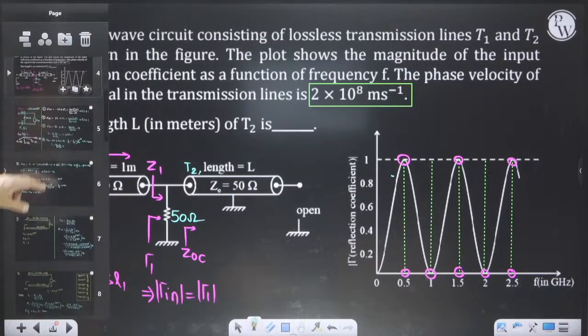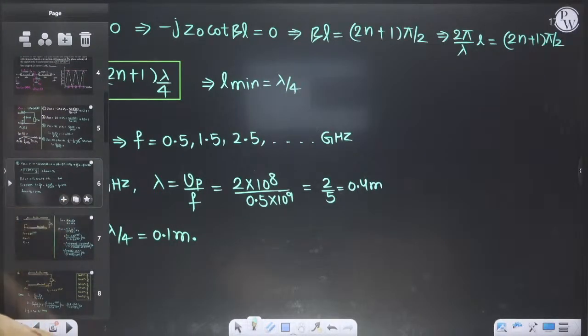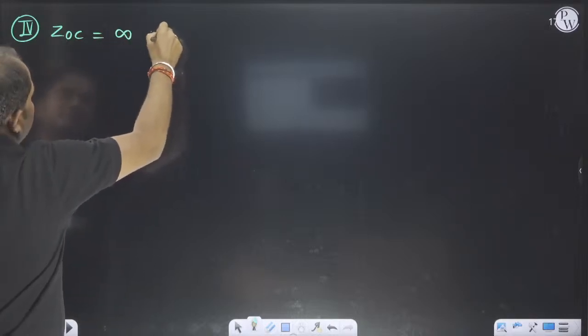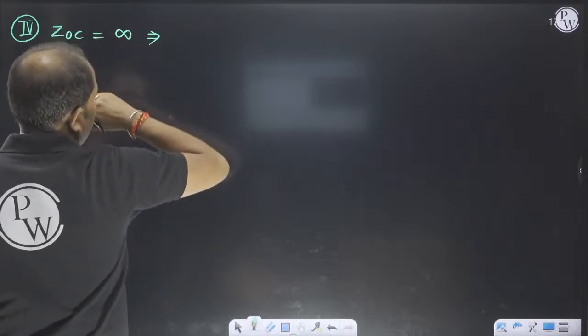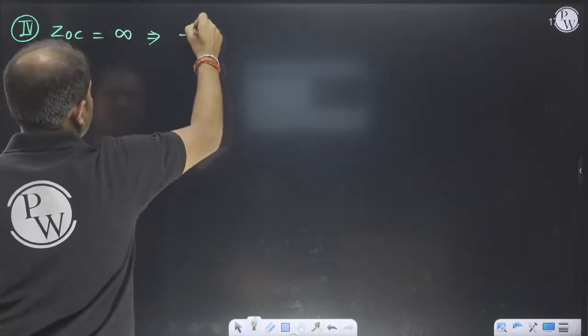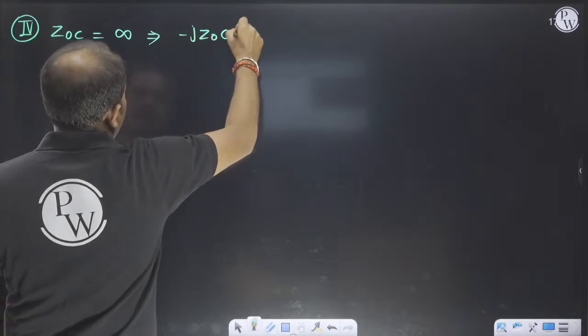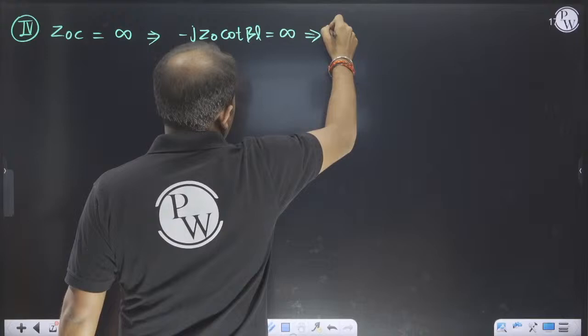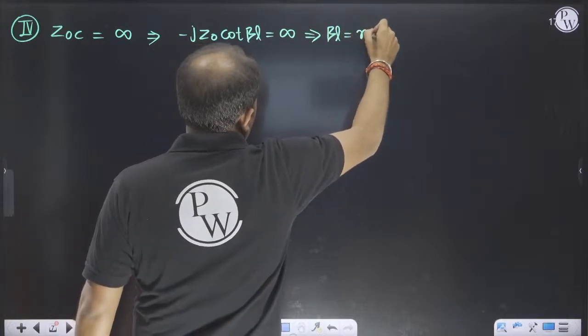So let us see the fourth case. The fourth case means we take the open circuit as an open circuit. If the open circuit is infinite, then what will happen? Minus j Z0 cot beta L is equal to infinite. That means beta L is equal to n pi.